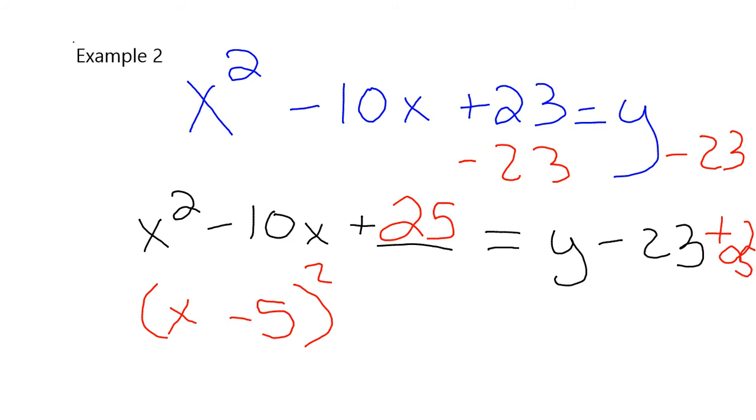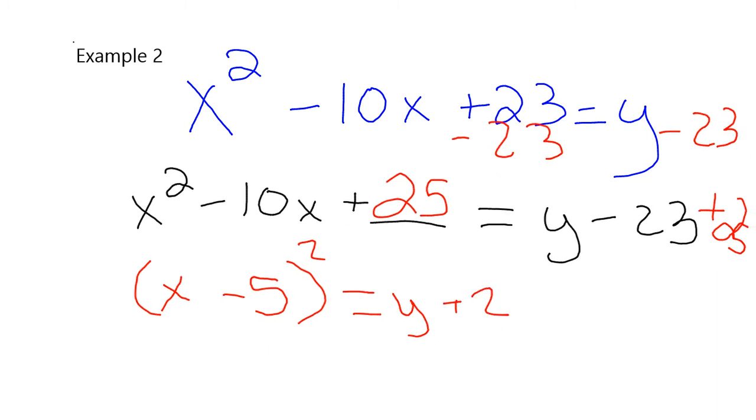So now I'm going to simplify the right-hand side. Negative 23 plus 25 is a positive 2. So lastly, we move the 2 over. So this gives us x minus 5 quantity squared minus 2 equaling y.